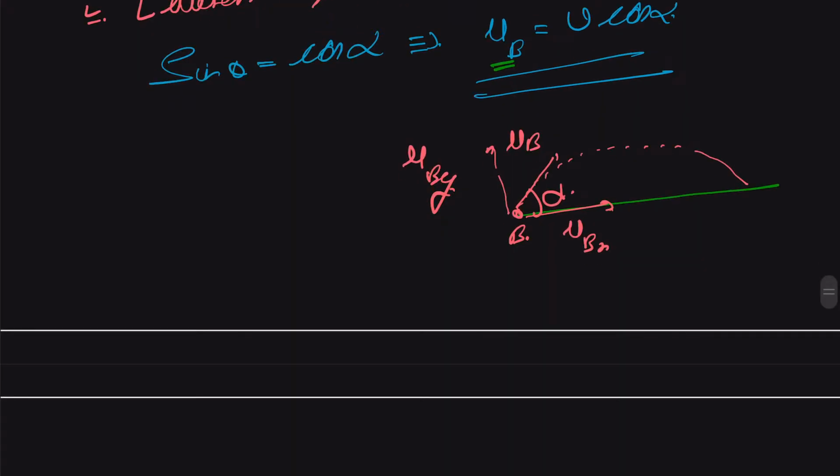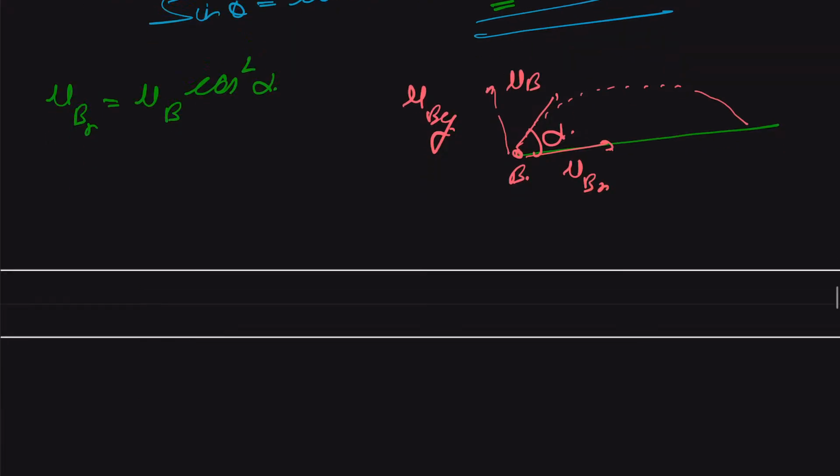So we can say that our u_Bx will be equal to u_B cos alpha. So we get this as v cos square alpha, and the vertical component will be equal to u_B sin alpha.